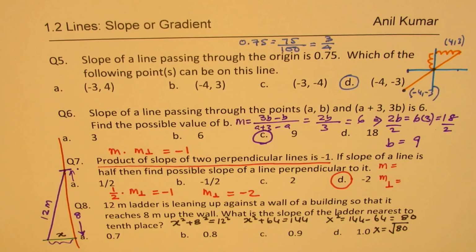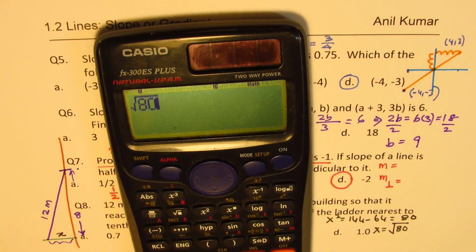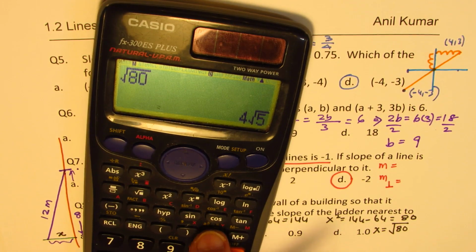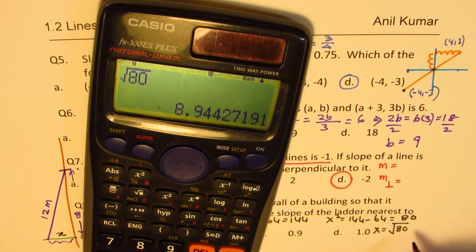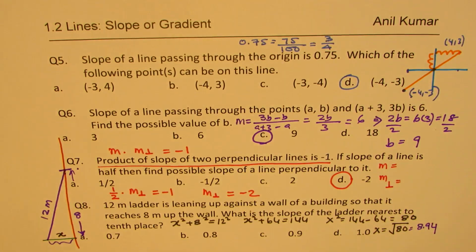Now, one decimal place, so we'll use the calculator and do square root of 80, and it gives you in decimals 8.94. So we get this x value is 8.94.